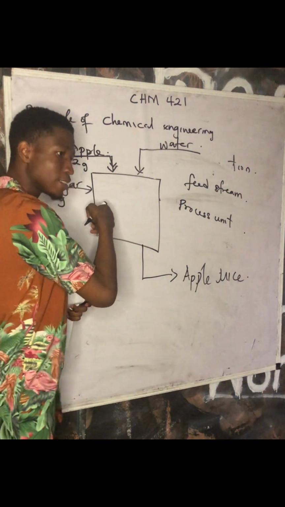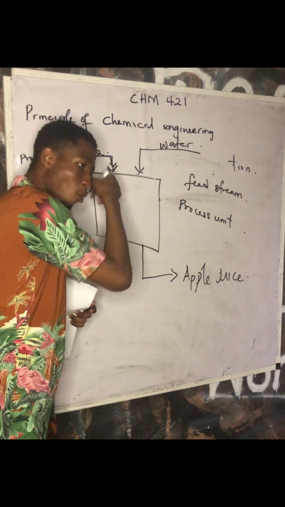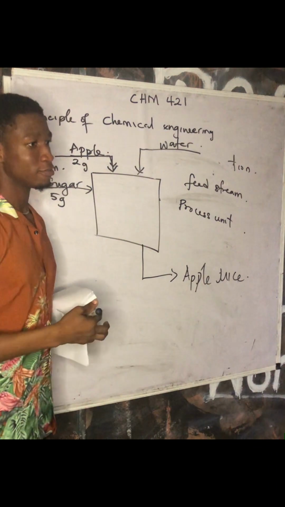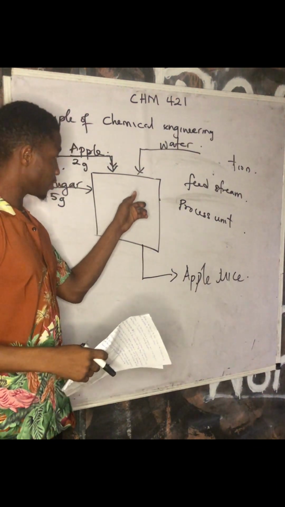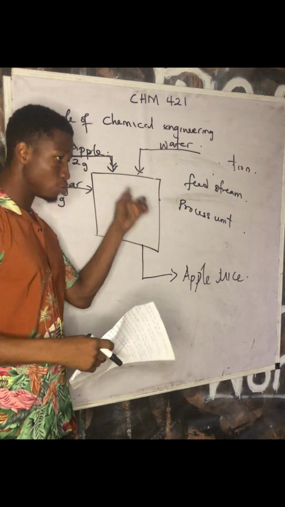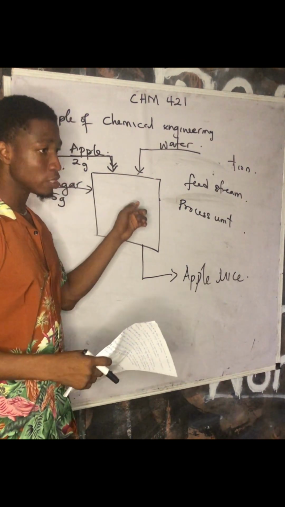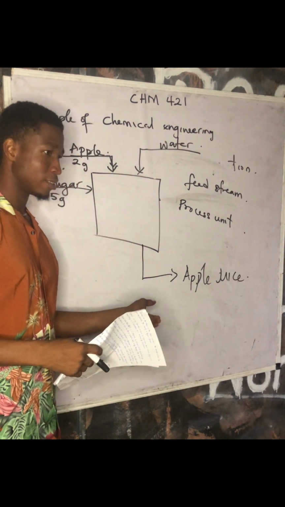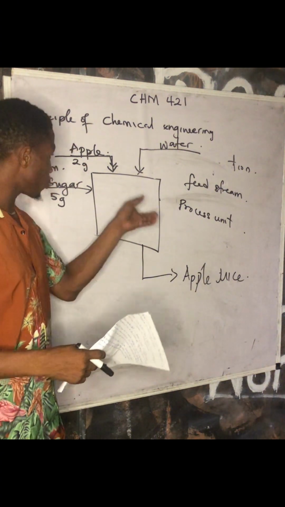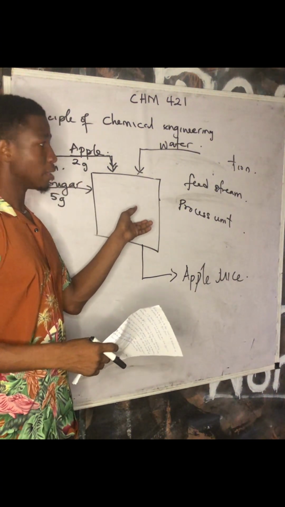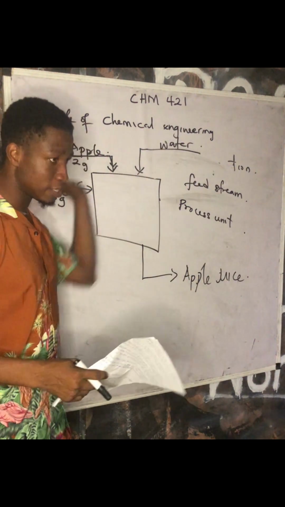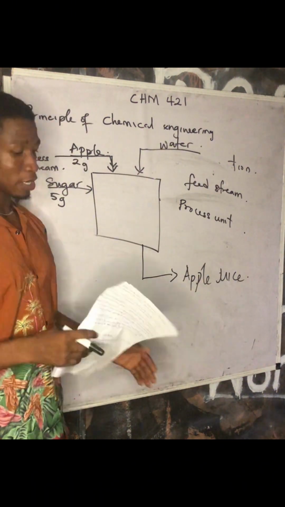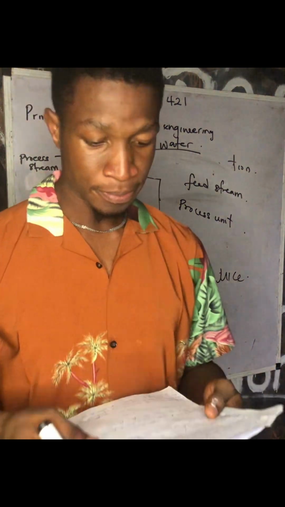The unit in this case is this guy, a mixer. The operation is mixing. So that's what it's doing. But they say draw a process flow chart or process flow diagram or process flow sheet. This is the diagram. That's just something that you should take note of.